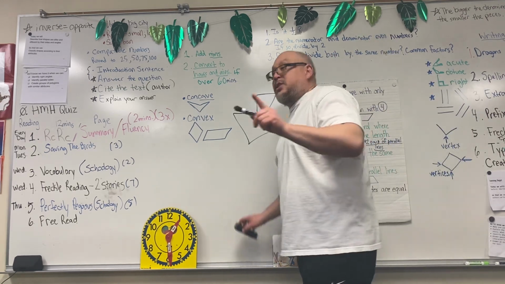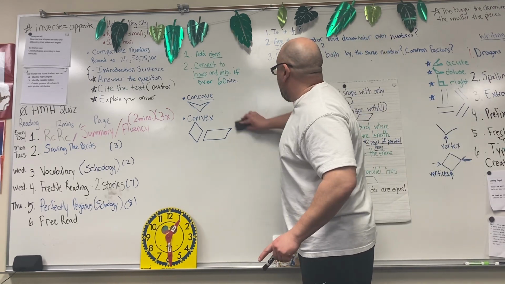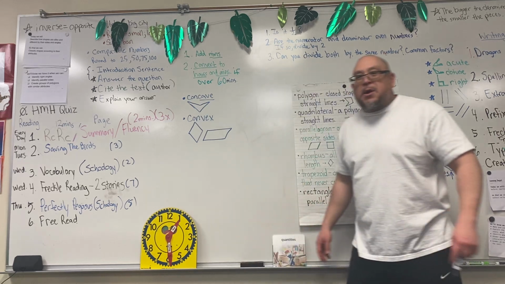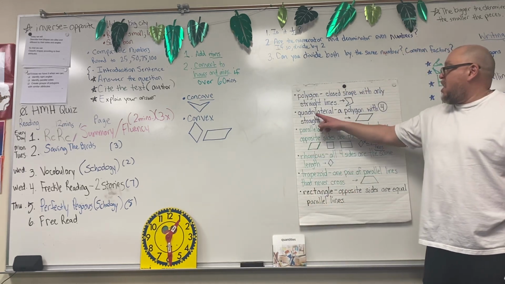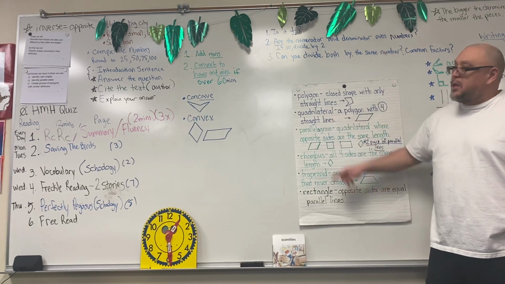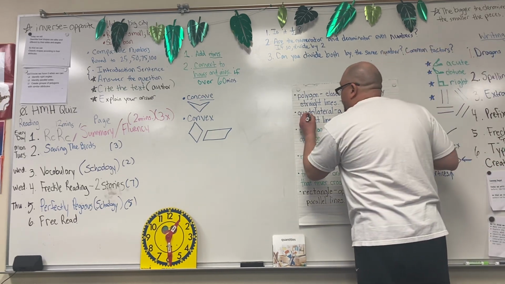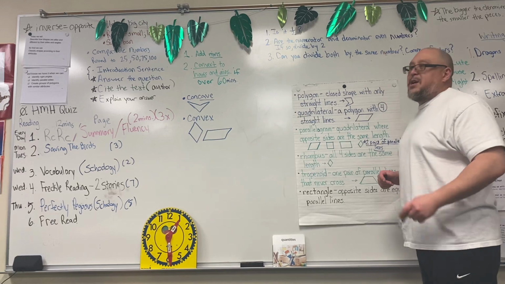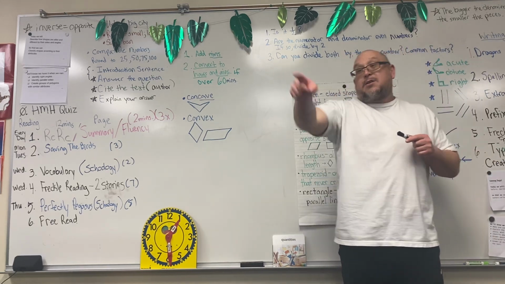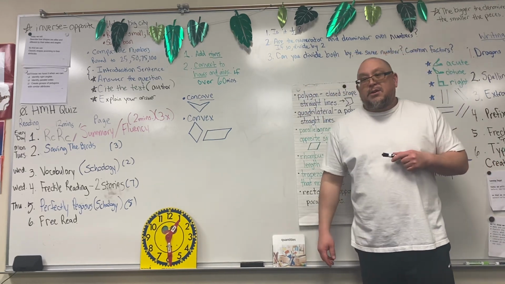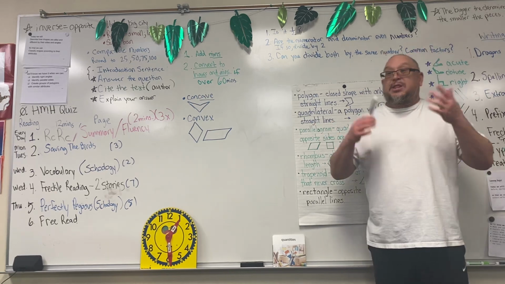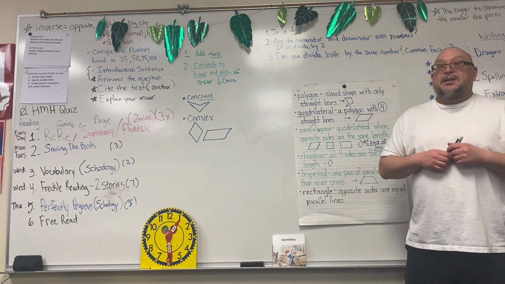Now, here's the thing. When we go down a little bit deeper, we now have a quadrilateral. There's a clue in this that tells you exactly what it means. What does quad mean? Quad means four. So it's a shape with four straight lines.